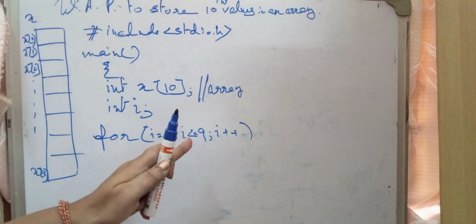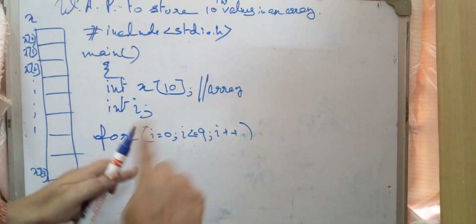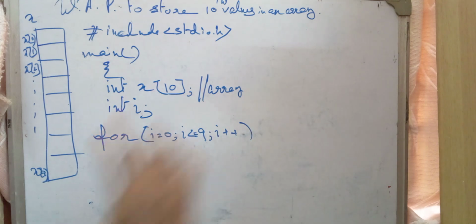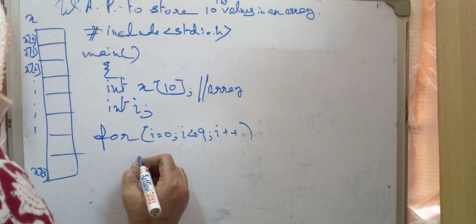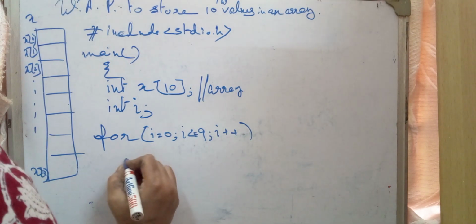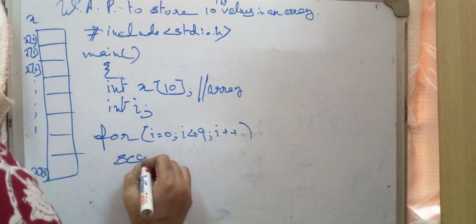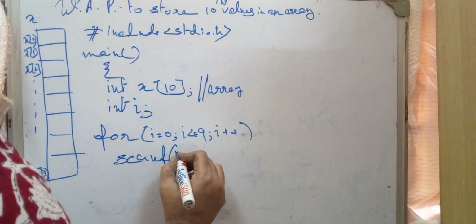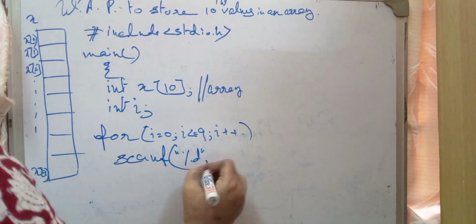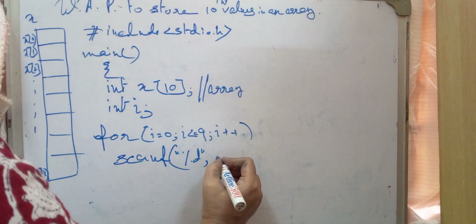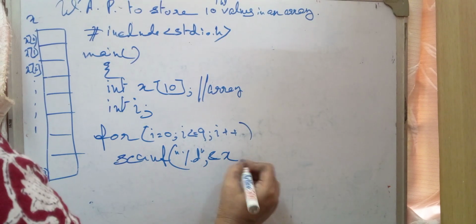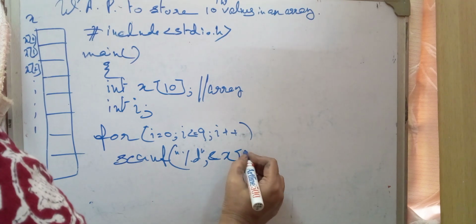For i equal to 0, i less than 10, i plus plus, that is i equal to i plus 1, then scanf percent d, because integer, ampersand x i.